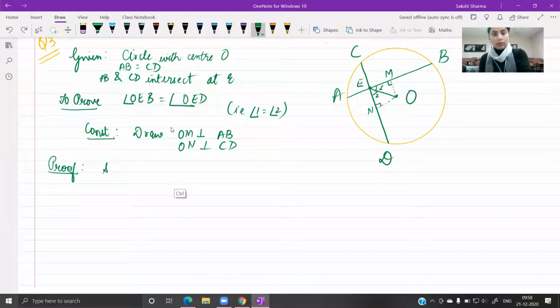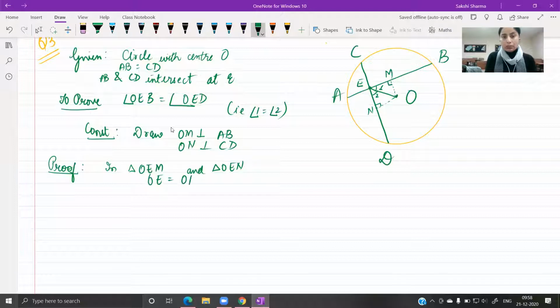You can conclude before writing the congruence. Before writing the congruence, you can conclude that since the chords are equal, the perpendiculars will also be equal. Or you can do the same while writing down the congruence pairs, like I'm doing it simultaneously. So I'm taking the two triangles, triangle OEM and triangle OEN. The first thing that I can see is OE equals OE. Don't use angle 1 equal to angle 2. That is what we have to prove. That will be written after the congruence by CPCT.